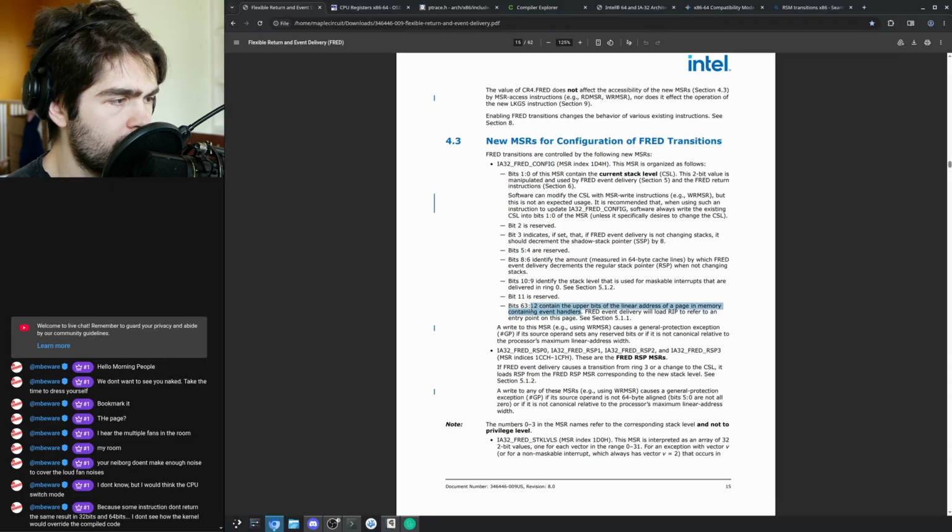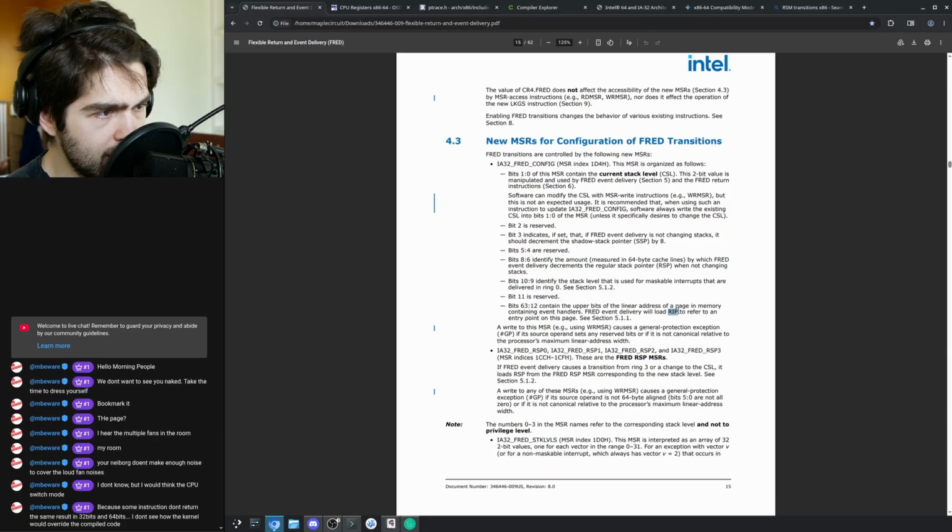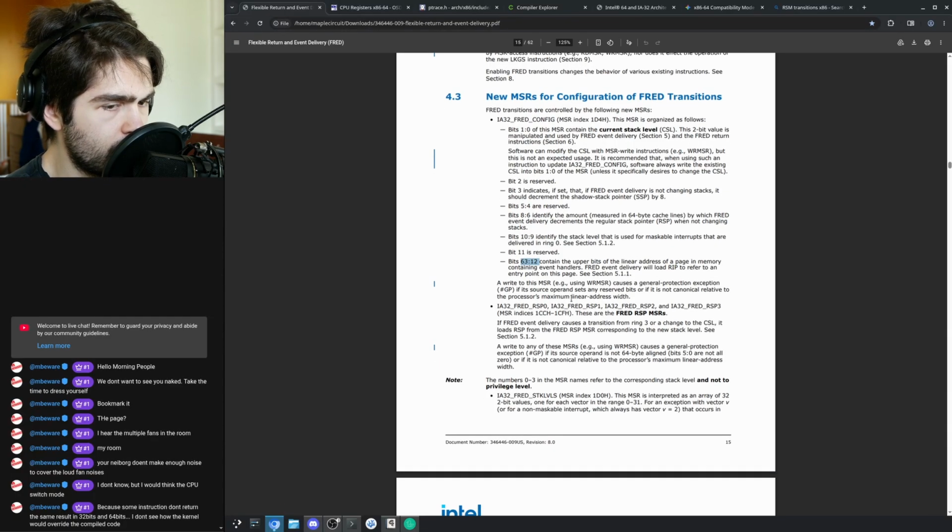Okay, so where do we go and get our event handlers? Fred event delivery will load the return instruction pointer to refer to an entry point on this page. Okay. So if we have an event, we can reference this to know where to go get our information.